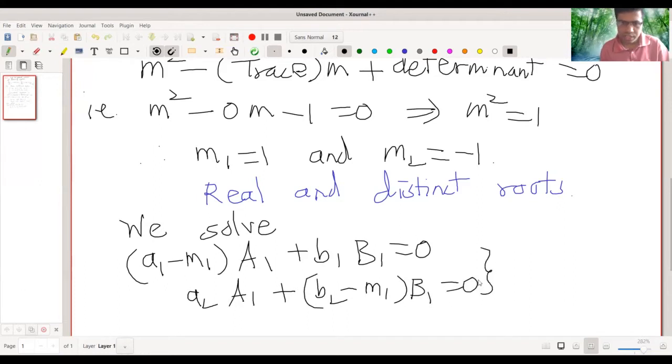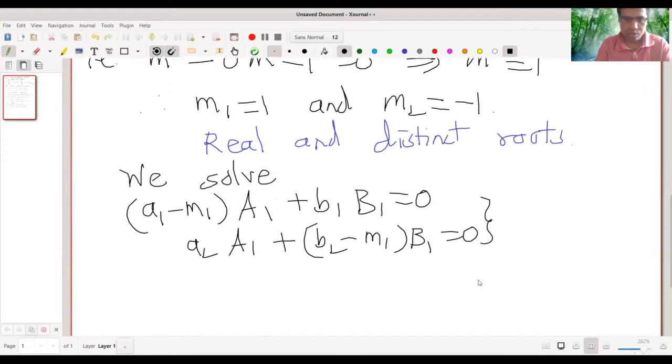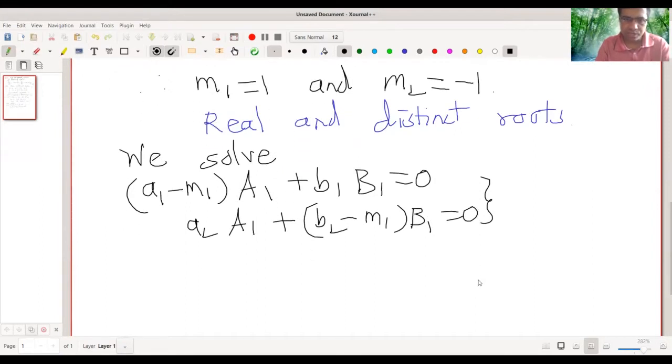Note that these two equations are not independent, so we can take any one of them. In fact, they are constant multiples of each other.